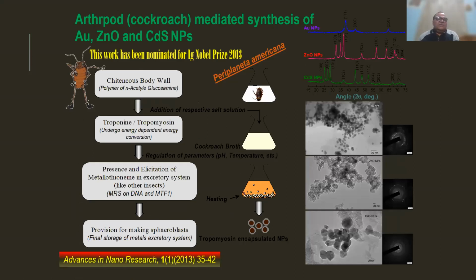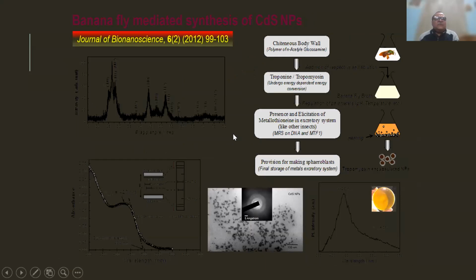Cockroaches are a nuisance in the household, but we don't kill cockroaches. Dead cockroaches we took, and they were not sedated by using Dagon or any other chemical. Dead cockroaches. And then we got the guts removed, and then we took the integuments for this particular purpose. And we got very, very interesting results. Similarly, we took banana fly.